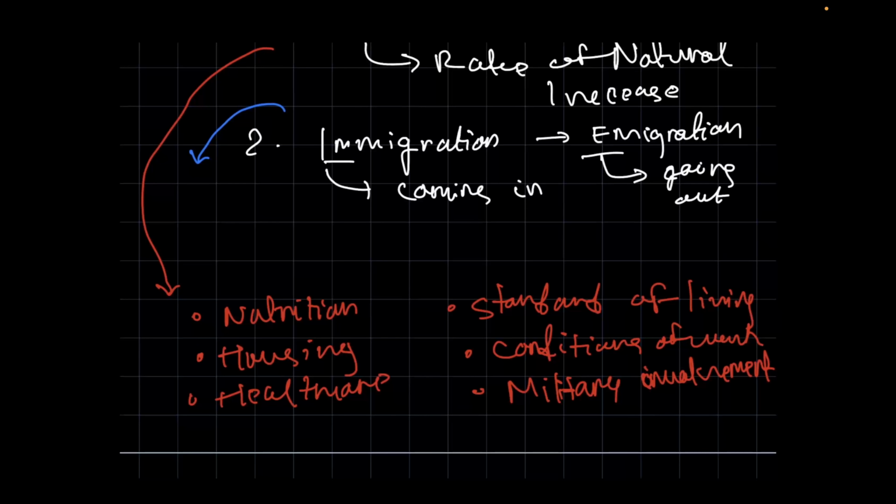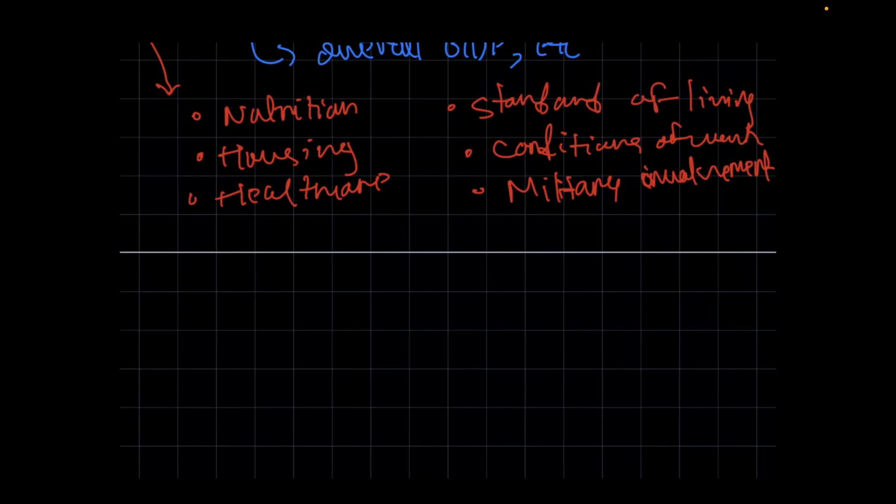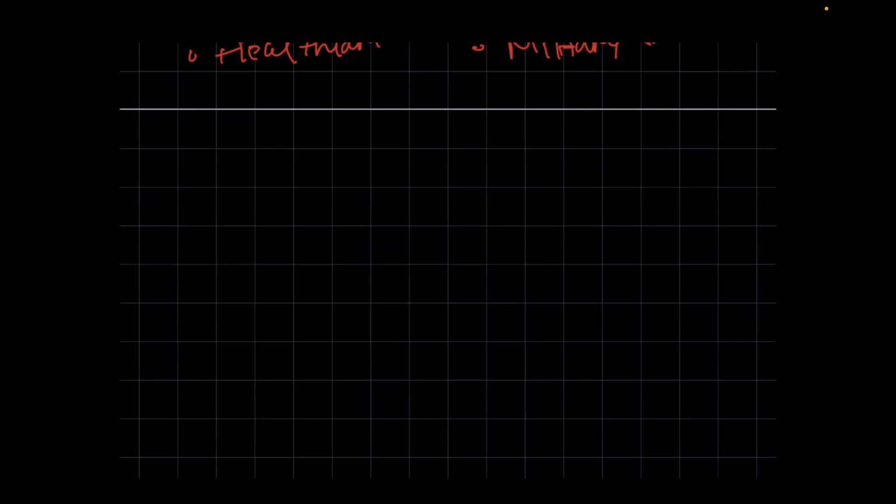Now these are essentially influenced by factors such as your working economy, like the overall economy, overall GDP growth, etc. All of these would go on to impact labor, and labor is derived demand. So thus these are the main two factors that affect population growth.